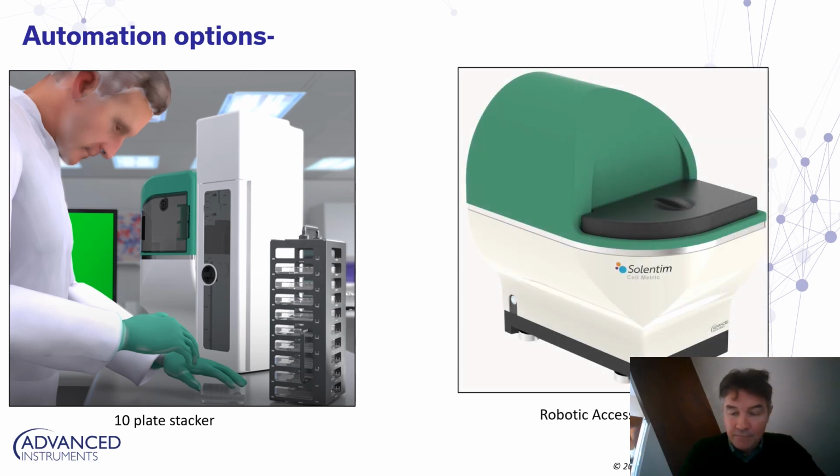And finally, we also offer a robotic access version of the Cellmetric X that can be integrated into high throughput robotic platforms via the flexible API and a barcode reader.